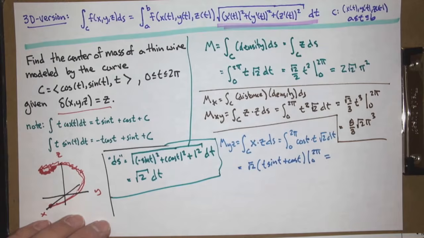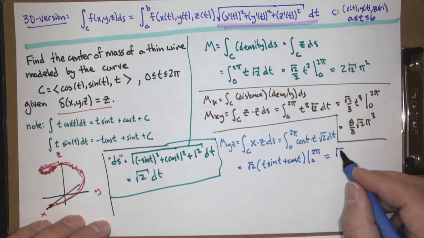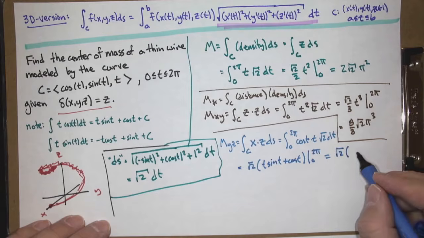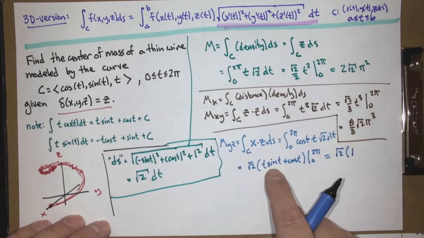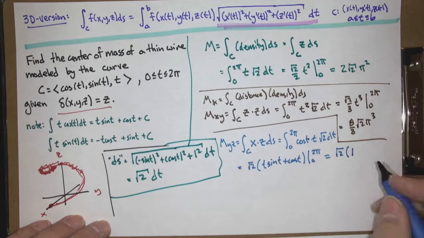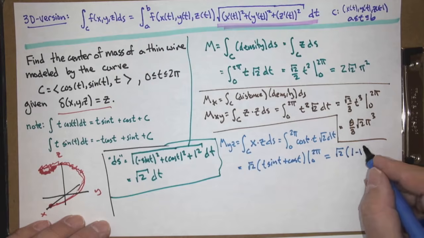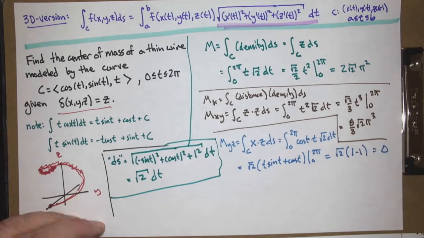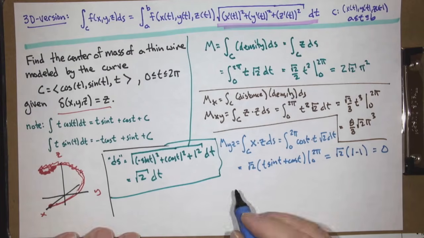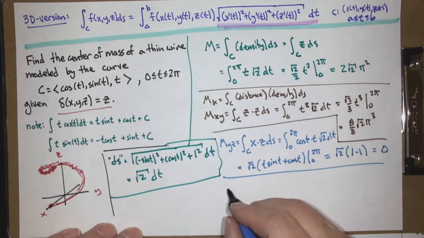When you plug in 2 pi, sine of 2 pi is 0, cosine 2 pi is 1. When you plug in 0, 0 times sine of 0 is 0, cosine 0 is 1. Giving us 0. Was that obvious beforehand? I don't think it was obvious. But let's find out. What are your predictions?